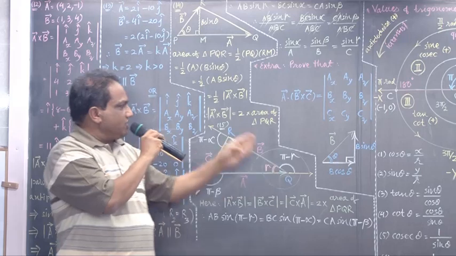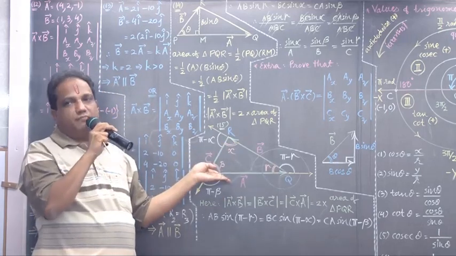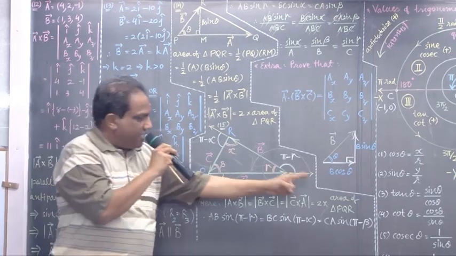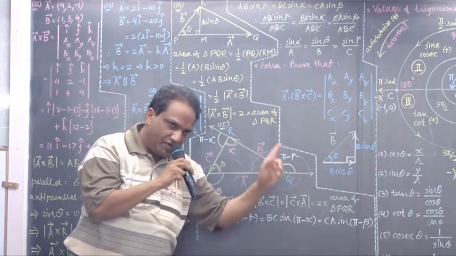But if somebody takes these two as two sides, then also, because the triangle is the same, its area is fixed. Once the area is fixed, its double value is also fixed. You cannot change it for a given triangle.